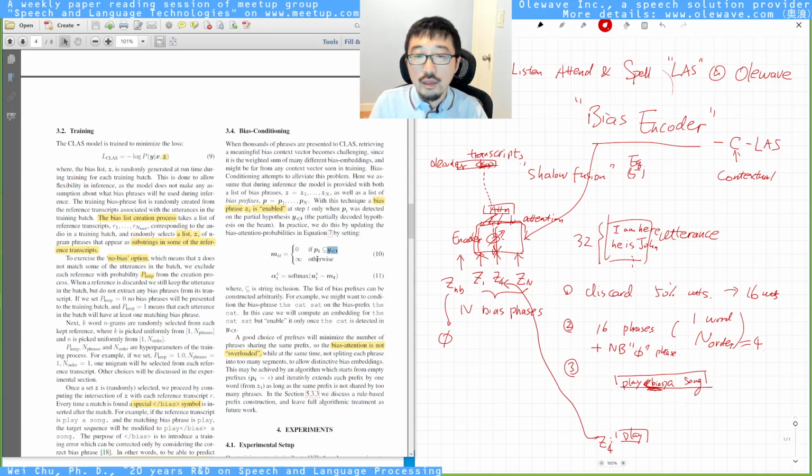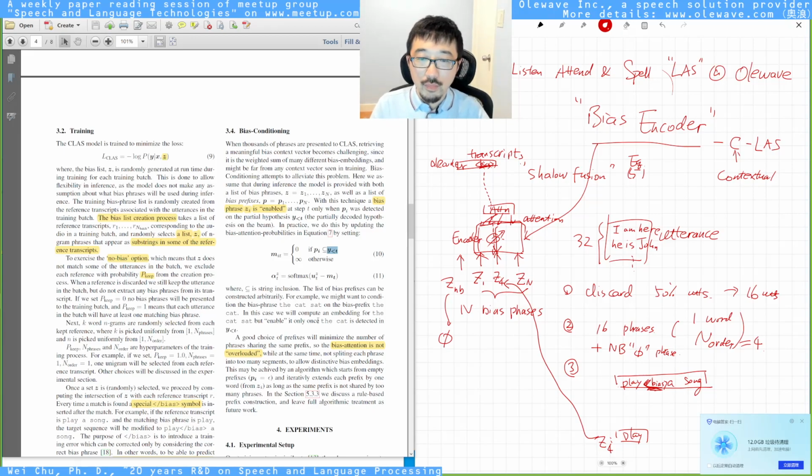But if you do not detect this bias prefix in the partial decoded output, you set m to be maximum, to be infinity. And you can see here, something minus infinity goes to almost zero. When you take the log, the alpha weight becomes zero, which means you only give attention weights in the bias decoder to the bias phrases which have shown up in the partial decoded output.